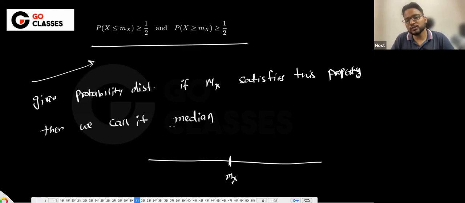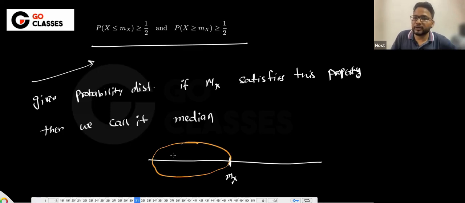The values that x can take that are less than or equal to mx, in this area, including mx, have half probability, or greater than or equal to half probability, which means half of the points must be in this area. Suppose I am given a probability distribution and I try to draw samples.